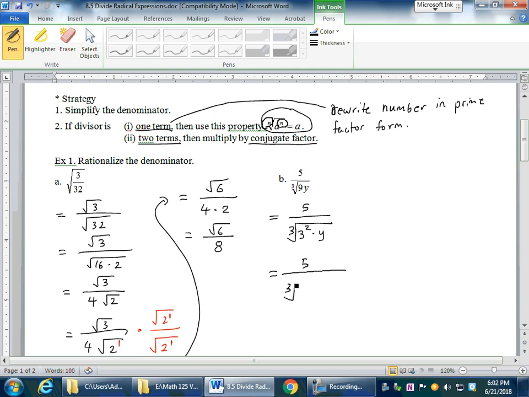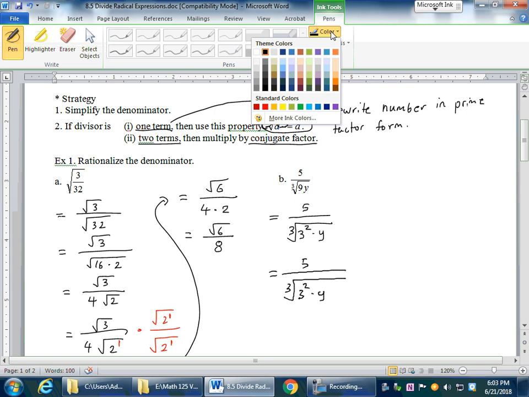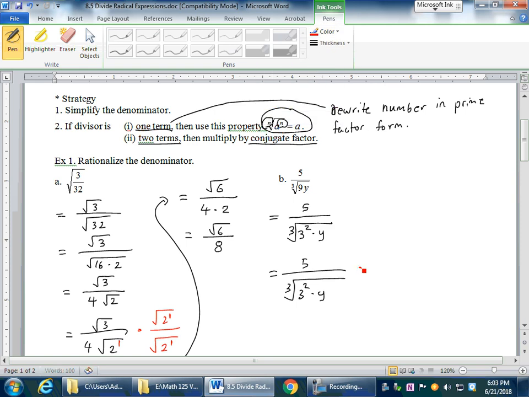By writing this number in prime factorized form, I can clearly see that I have a cube root, and for the number 3 I have 3 to the second power. So in order to make the index and the exponent the same, I need to multiply by another 3 to the first power.